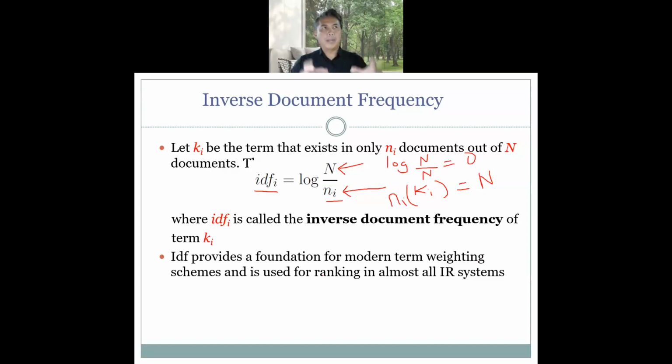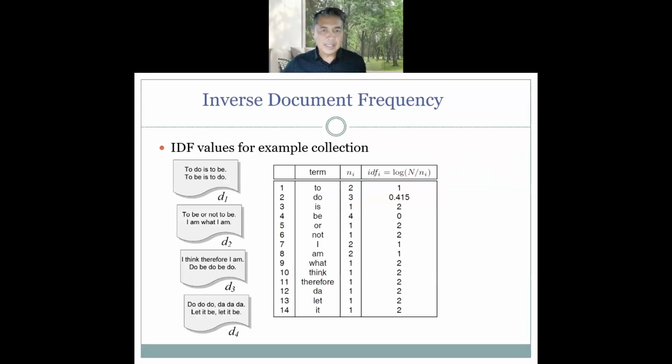So we use the IDF to make the weightage of a word smaller if it exists more times, and the weightage of a word bigger if it occurs in the least number of documents. Let's have a look at how we compute this.